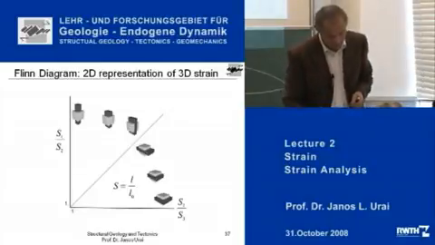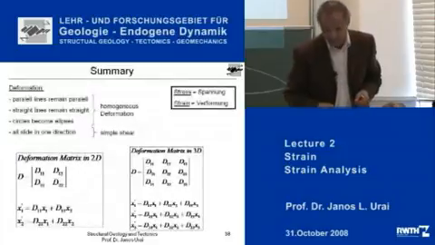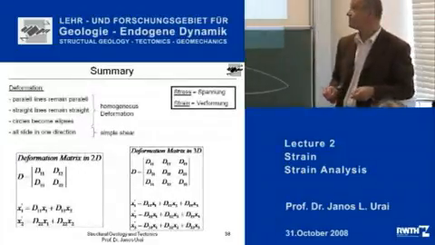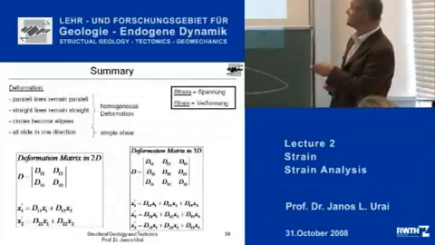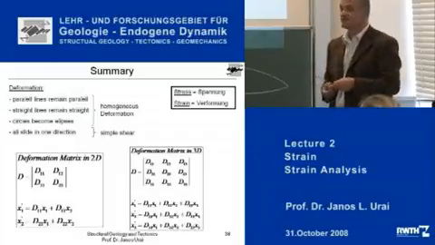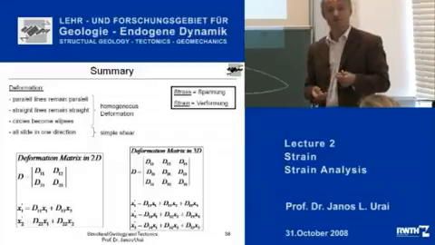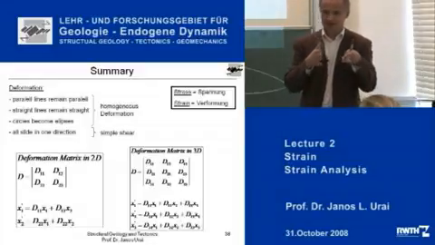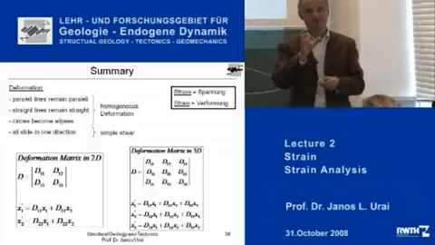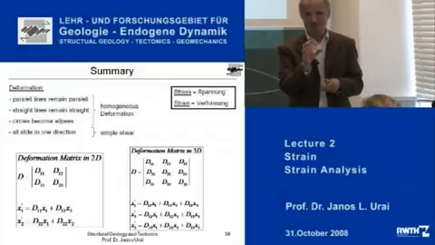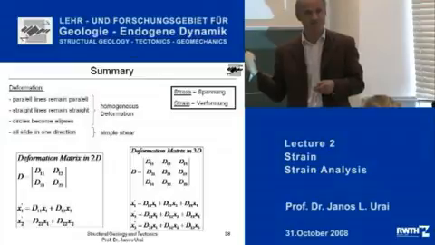Okay, so I'm at the end of this lecture. Deformation can be described by this matrix, homogeneous deformation that is. If we want to represent heterogeneous deformation, then we have to find these representative elementary volumes, and for each volume we have to write down this matrix.